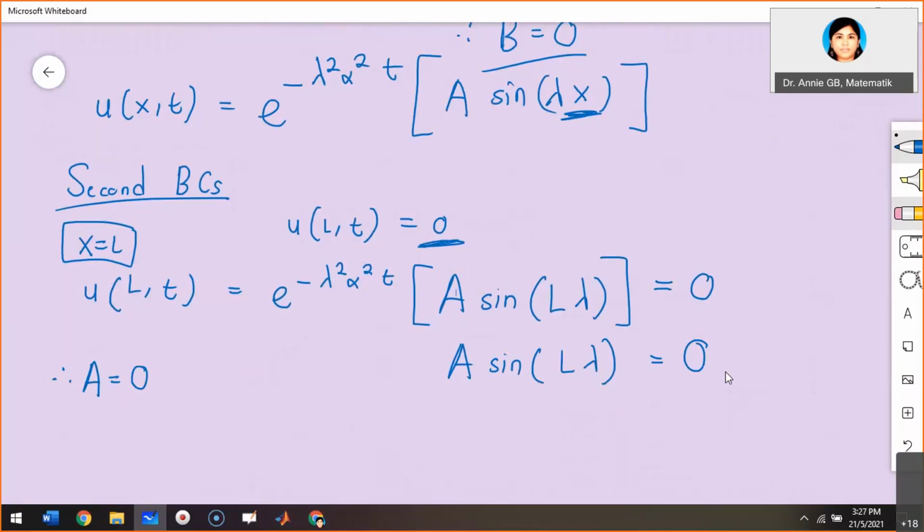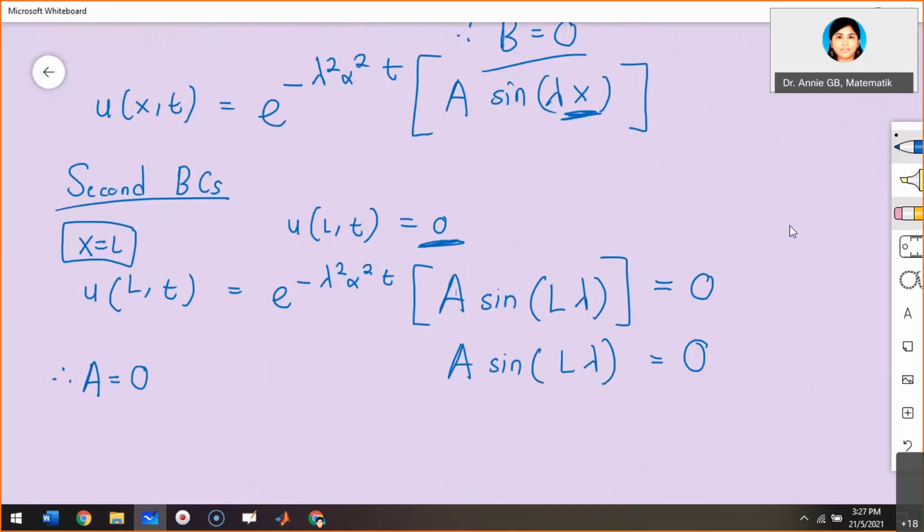Shazri, boleh ke? Ya doktor. Boleh ke? Boleh. You rasa boleh? Saya cakap A sama dengan 0. Pasti doktor. Tak pasti. Siapa yang tahu?